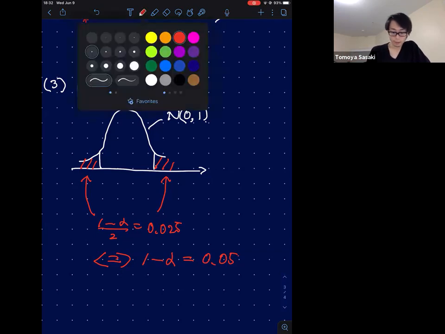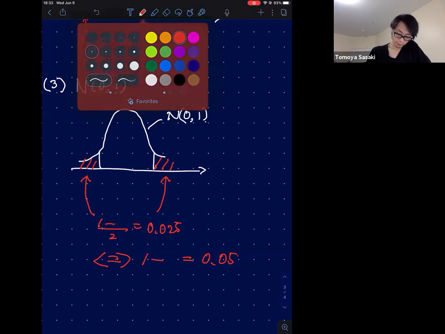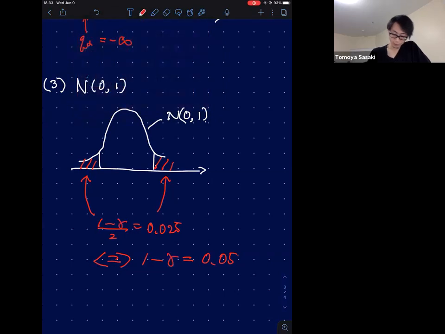Then, sorry, let's not use alpha actually. Let's use other notation for now.